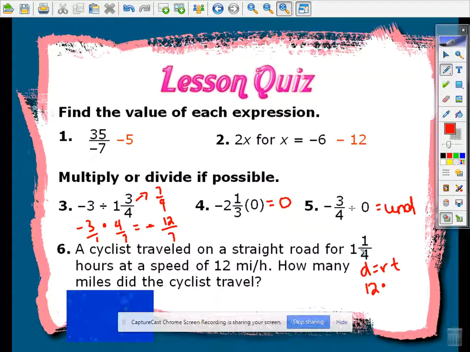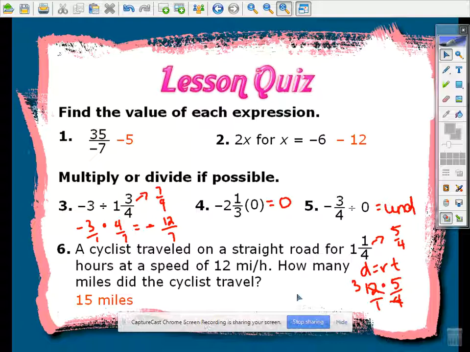I don't like to multiply by mixed numbers, so I'm going to change this. 4 times 1 is 4, plus 1 is 5/4. So we're going to multiply 12 times 5/4. 4 goes into that 3 times. So 3 times 5 is 15. He went 15 miles.